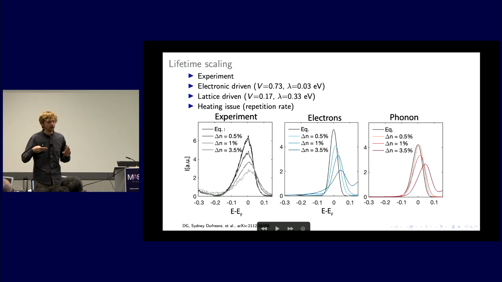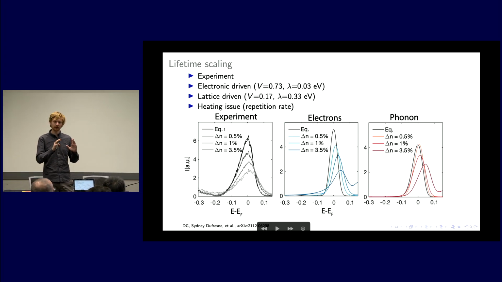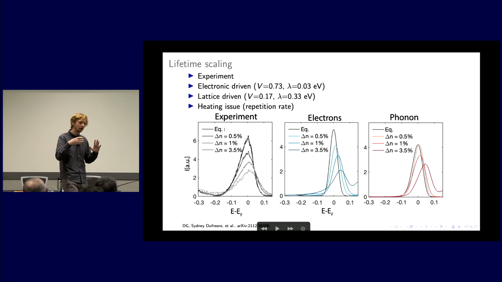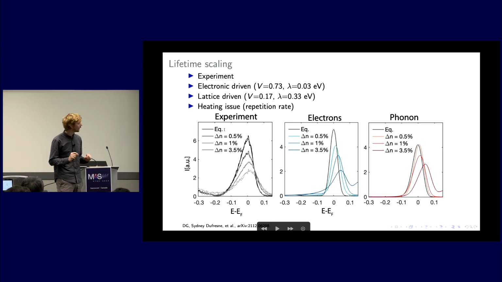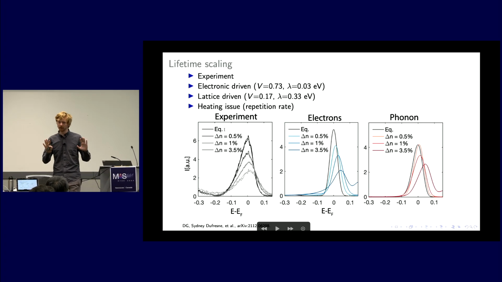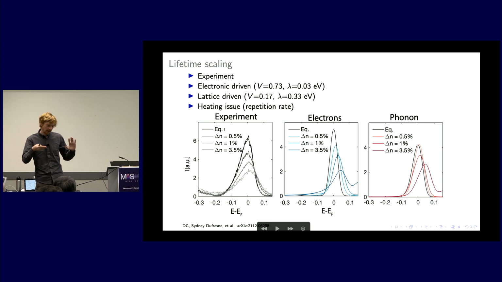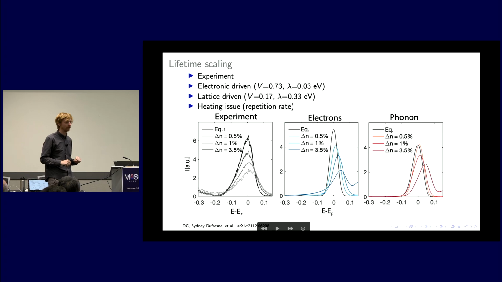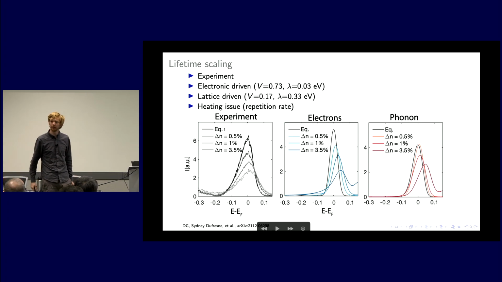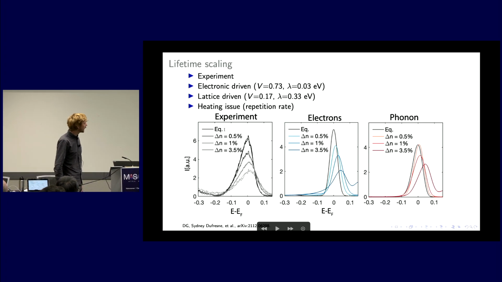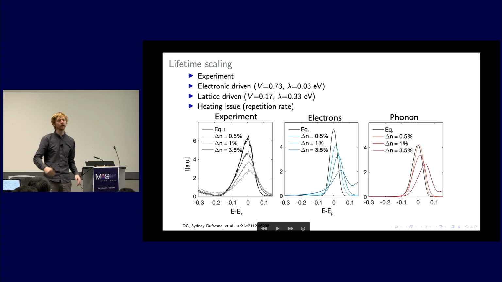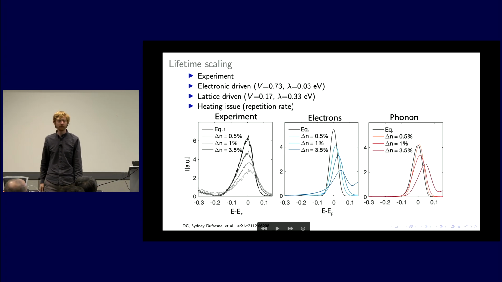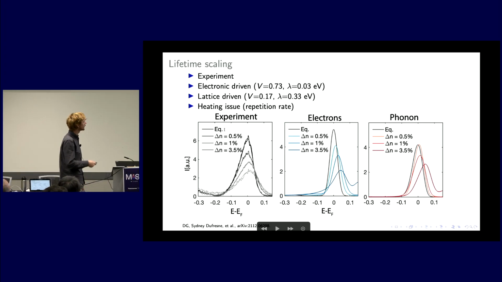Then the idea is to compare this experimental observation with theoretical approaches. What I did in the calculation was take the model you saw before and treat electron and lattice degrees of freedom on the same footing, so it's some kind of time-dependent GW type of approximation. I fix the gap size, but in theory, I can change the ratio between the electronic and the lattice contributions of the interaction. Now we have two extreme cases, which I show.